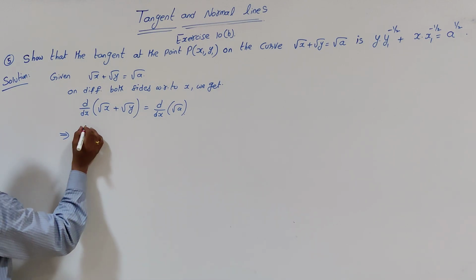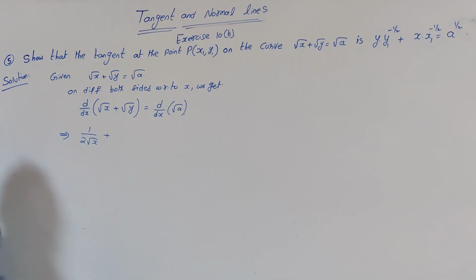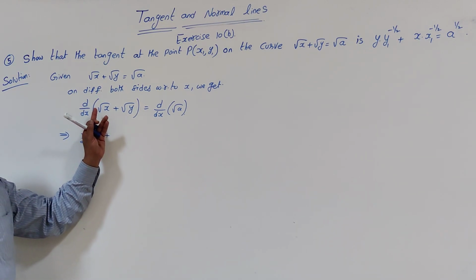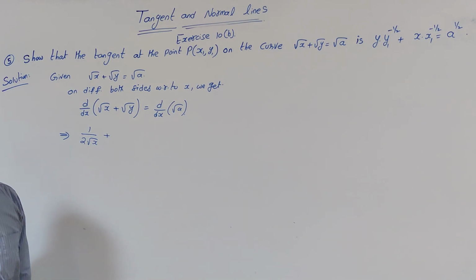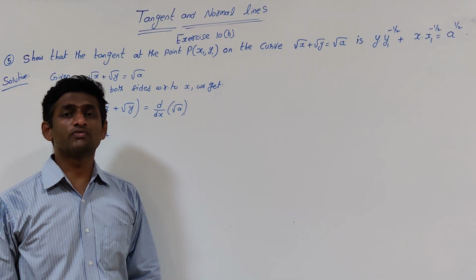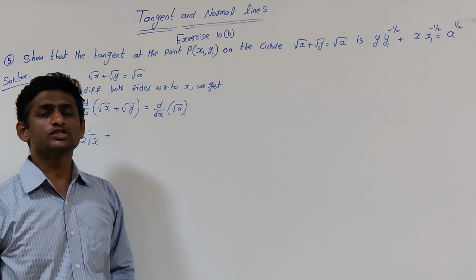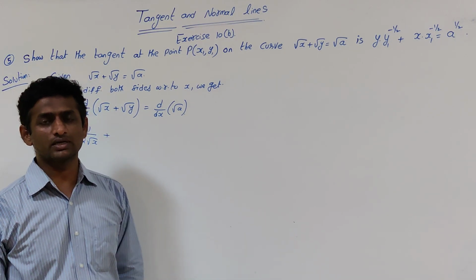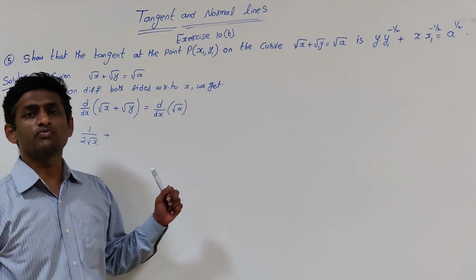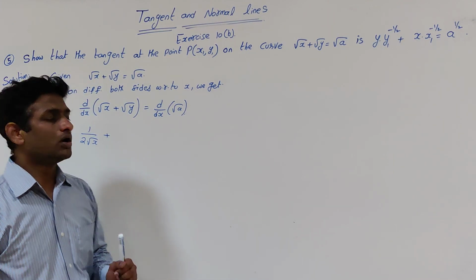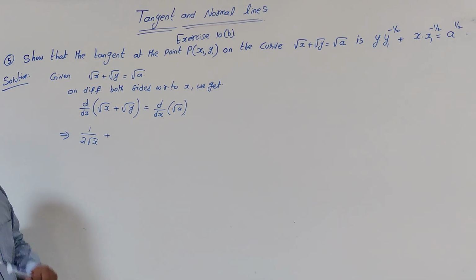It is 1/(2 root x), or you can apply the formula. It is like x to the power of 1/2. So what is the derivative of x to the power of 1/2? It is 1/2 times x to the power of 1/2 - 1, so that gives 1/2 x to the power of -1/2, or 1/2 into x to the power of 1/2 in the denominator, that is 1/(2 root x).